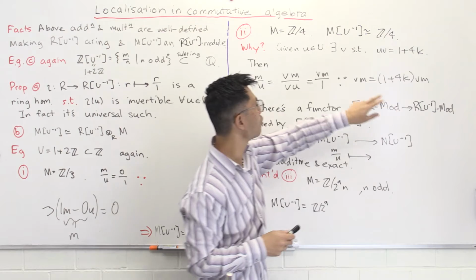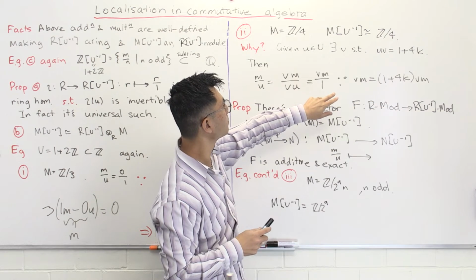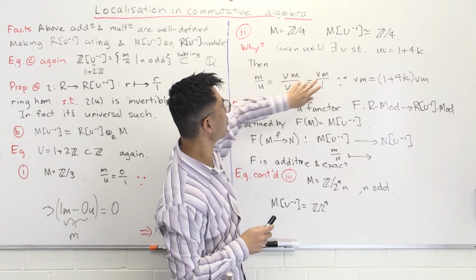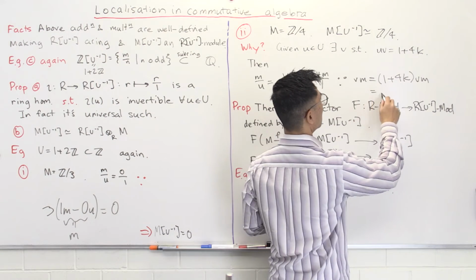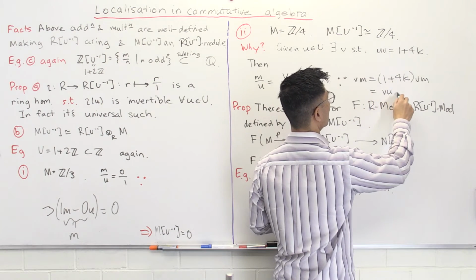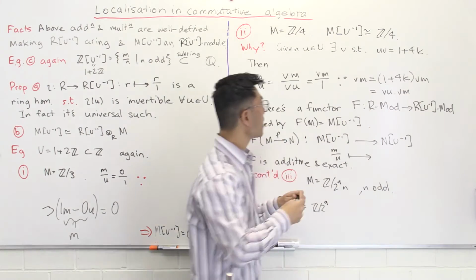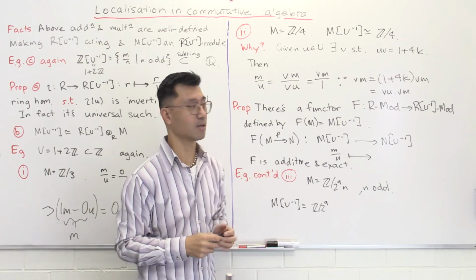But 1 plus 4k is uv, so that's vu times vm. So that's this other product that you have here.